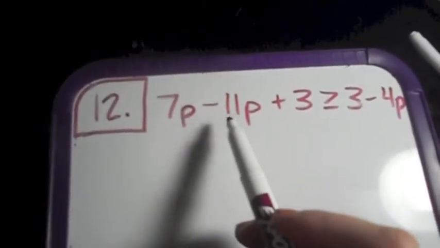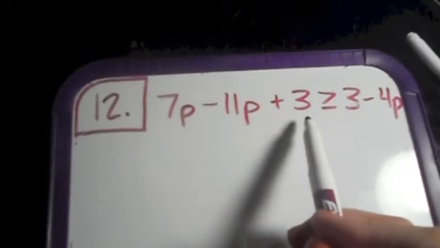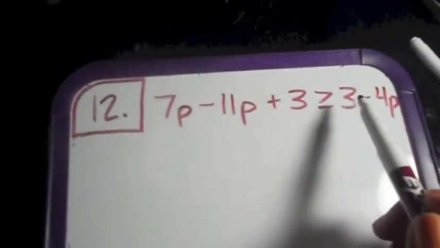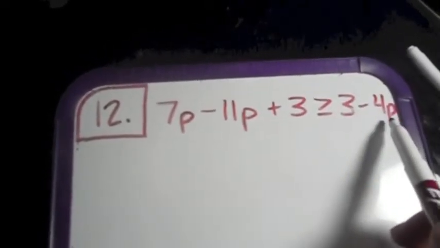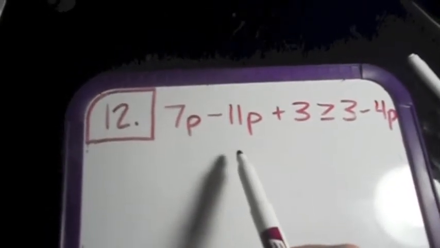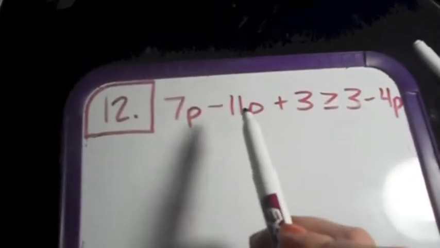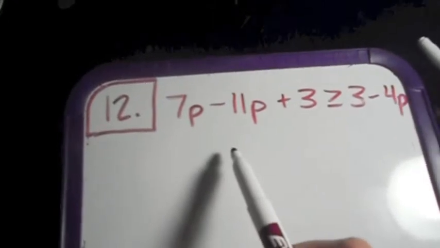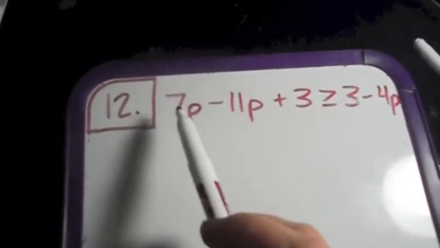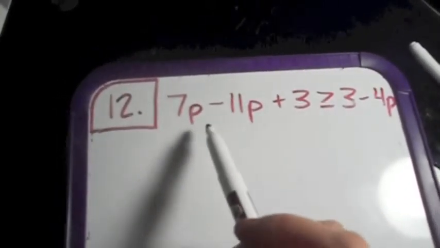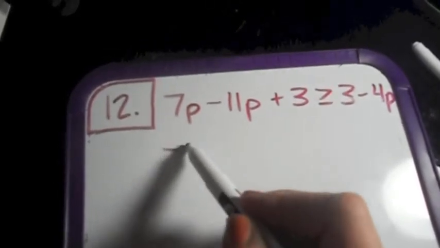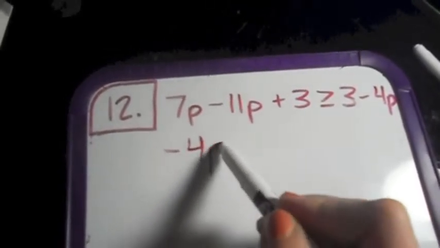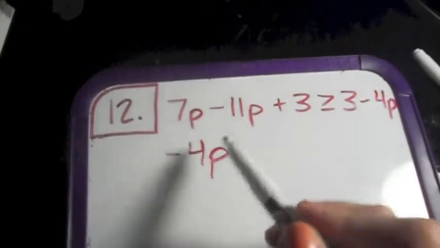7p minus 11p plus 3 is greater than or equal to 3 minus 4p. Now our directions on this one were to solve the inequality if possible. Well, let's try it out. 7p minus 11p, well, we know that that's minus 4p, 7 minus 11.